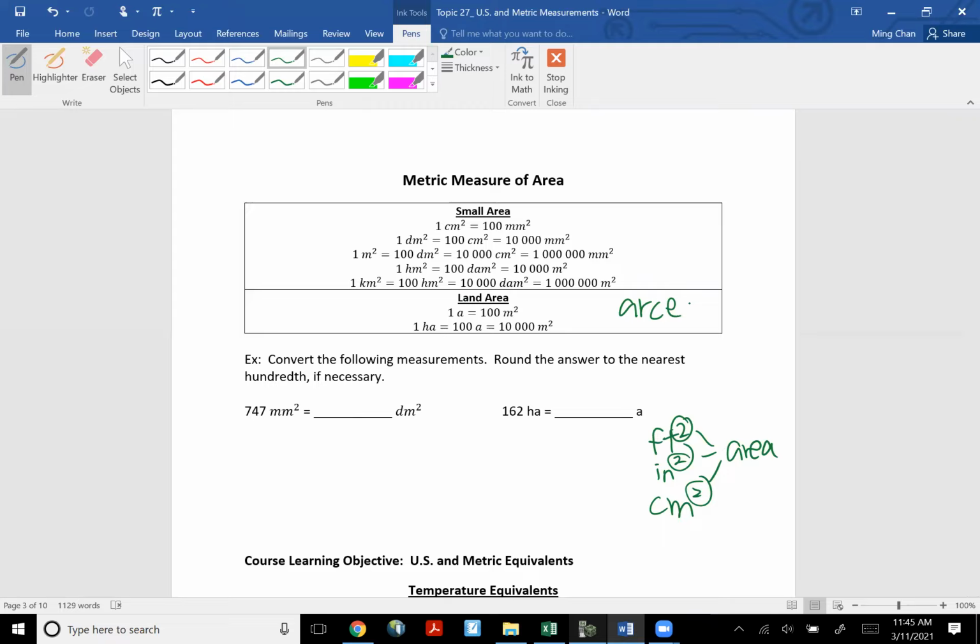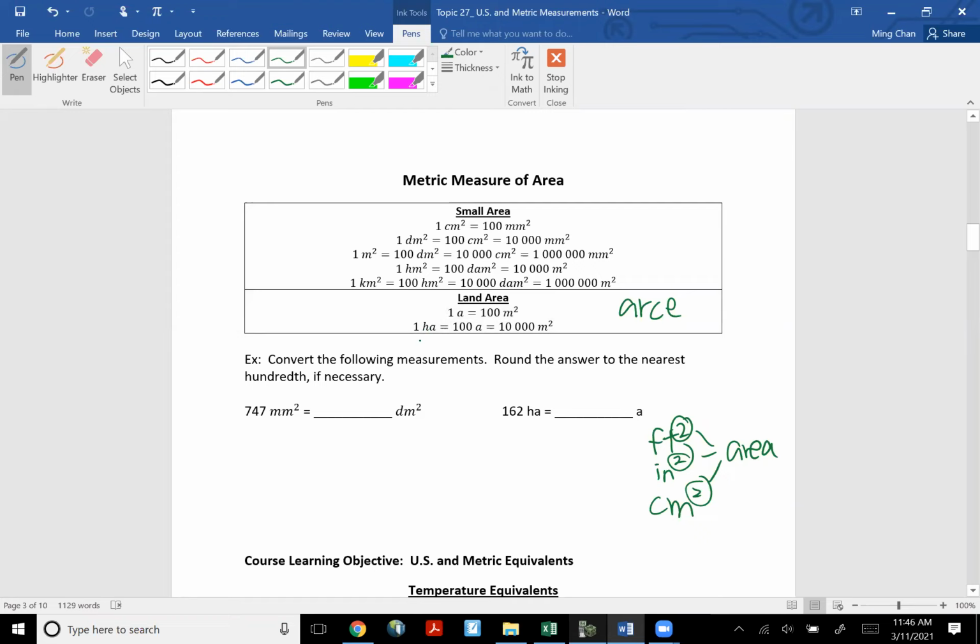But the only thing I know is whatever these ratios are giving me, I can convert it just by looking at the ratios. All right, land areas using ares and HA means hectares, H means hecto.